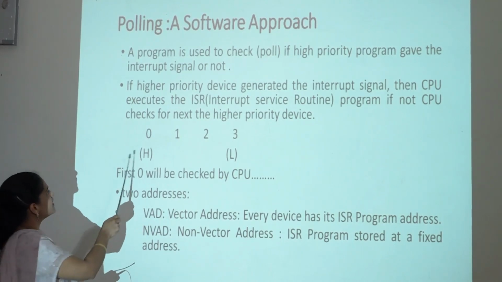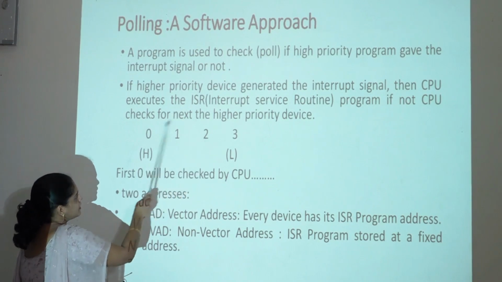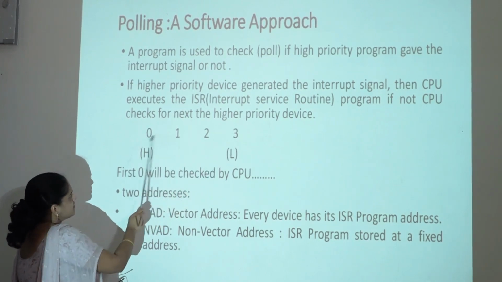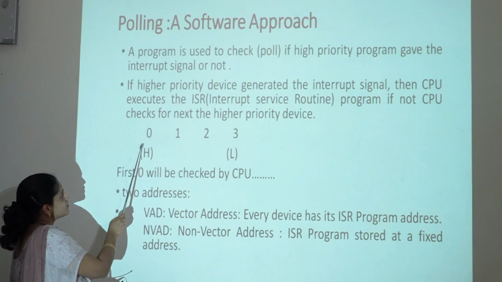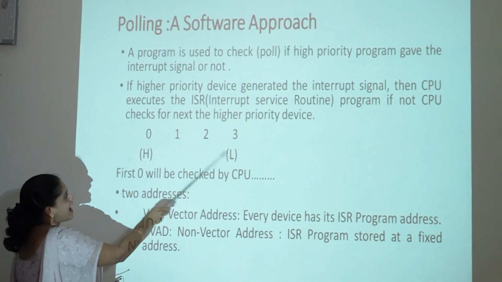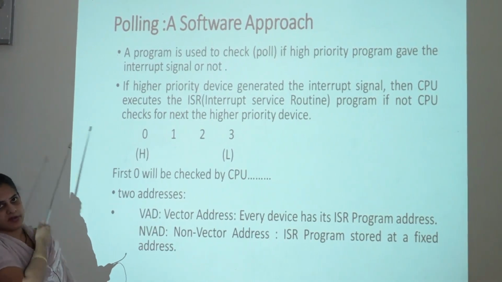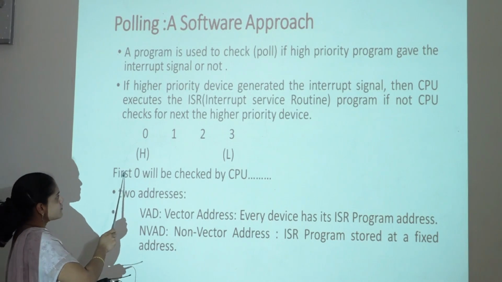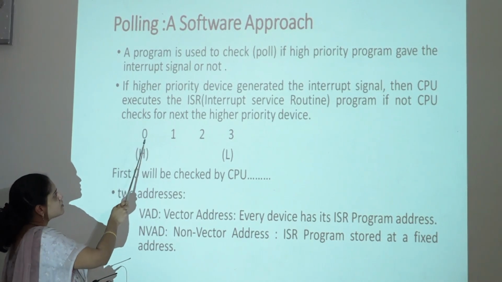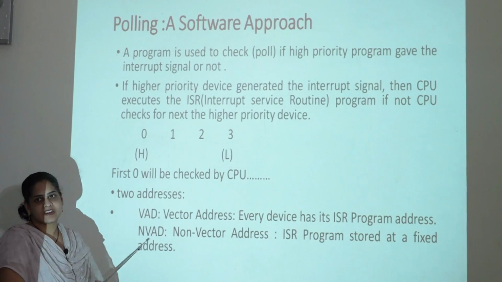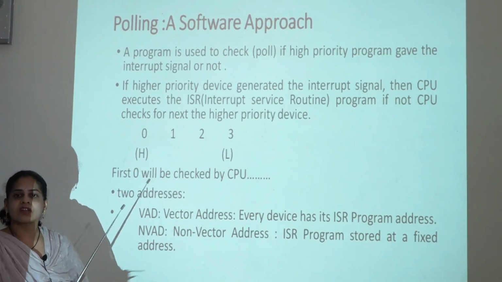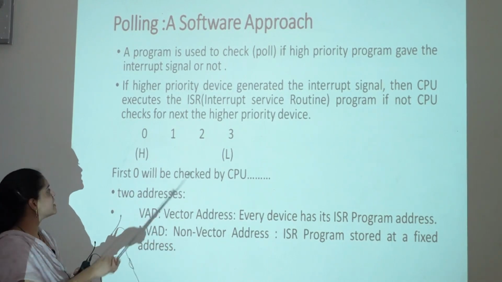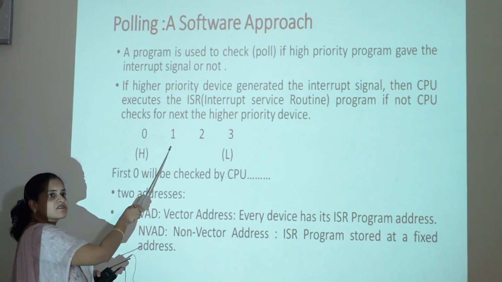If you see here, 0, 1, 2, 3 are the 4 devices which are given priority, where 0 is given the highest priority, and the highest number is nothing but your lowest priority. First the CPU is going to check whether the 0th device has generated the interrupt. If not, it will check for the next high priority device, which is 1.